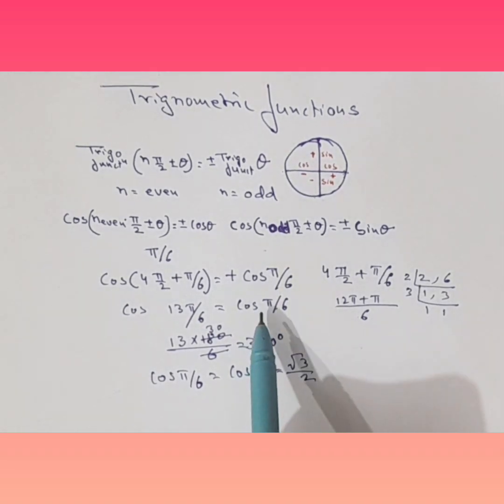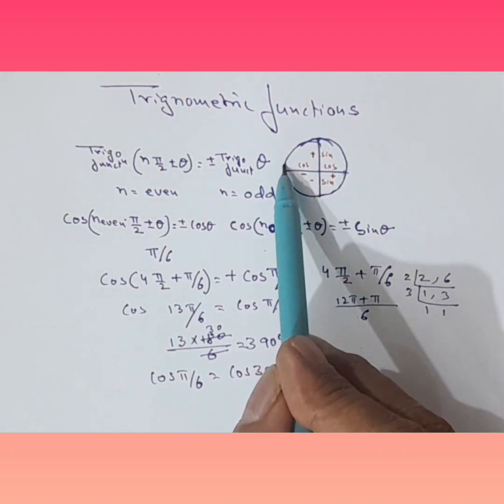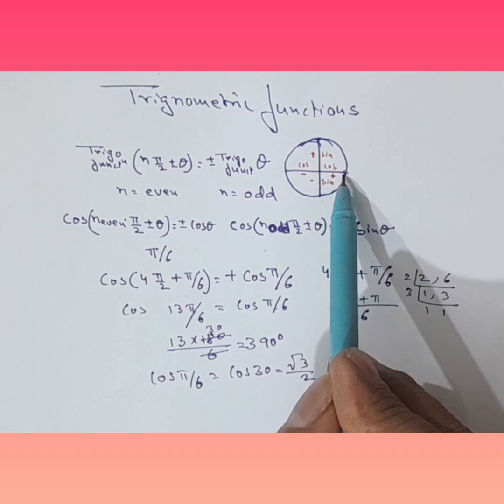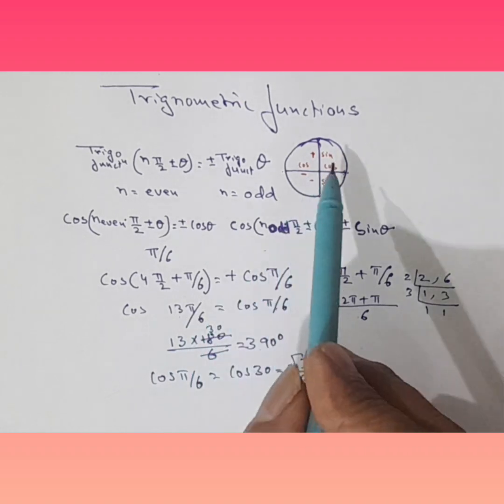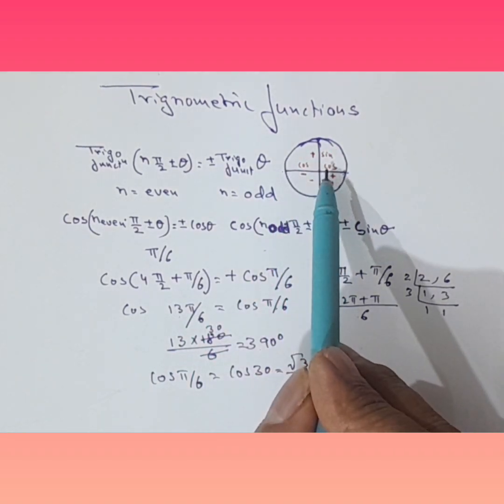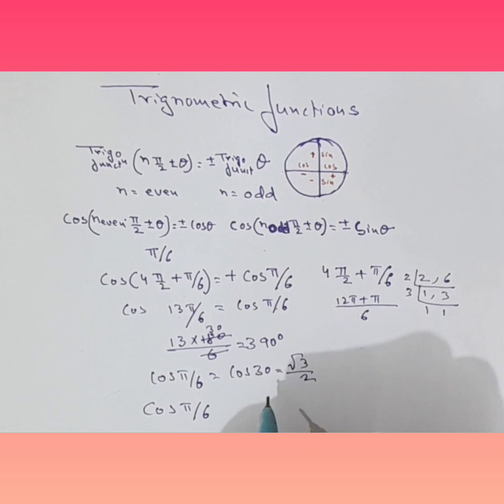Now the difference is this value, pi by 6, comes in the range of 0 to 2 pi, whereas this, that is 13 pi by 6, comes beyond 2 pi. So if I write cos pi by 6, we need to write here that pi by 6 falls in the range of greater than 0 and less than 2 pi.